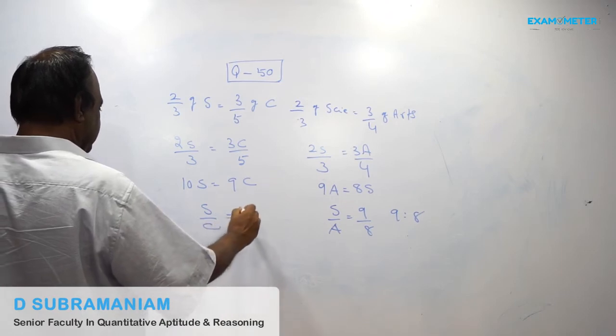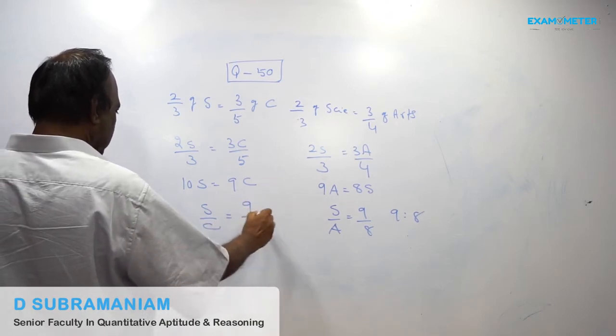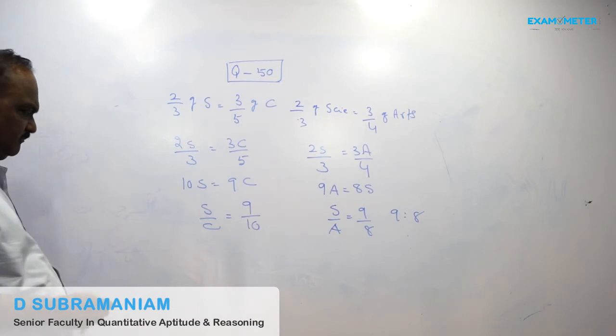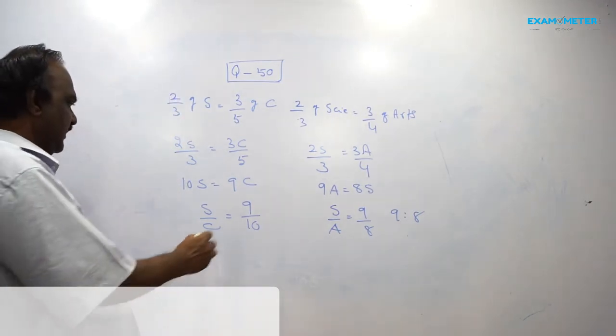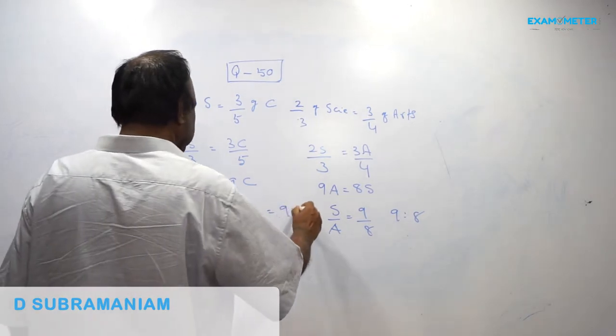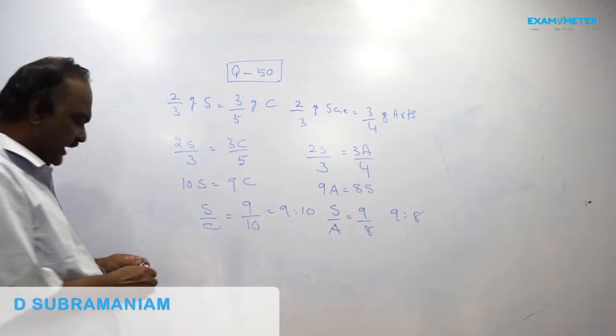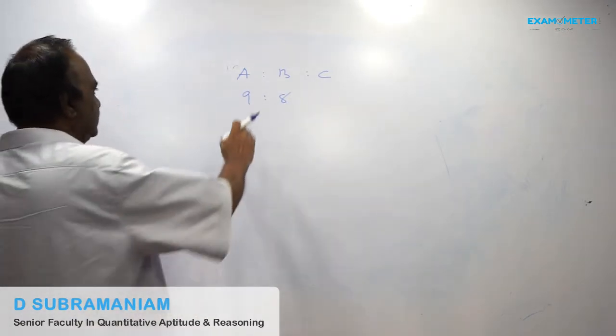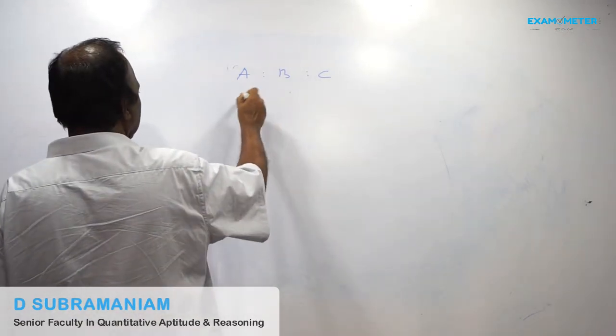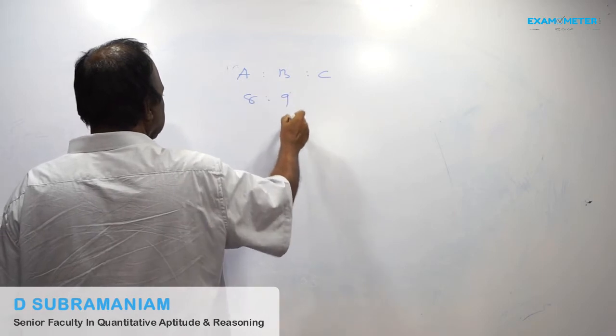S by c is equal to 9 by 10. This you can write as 9:10.